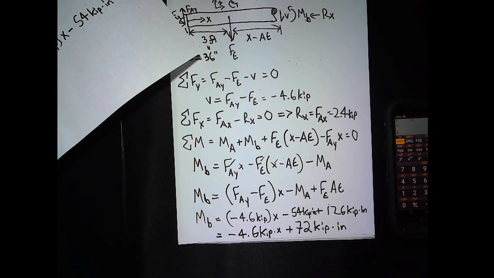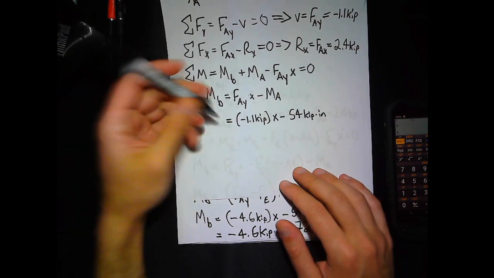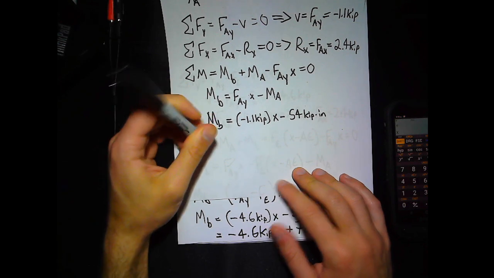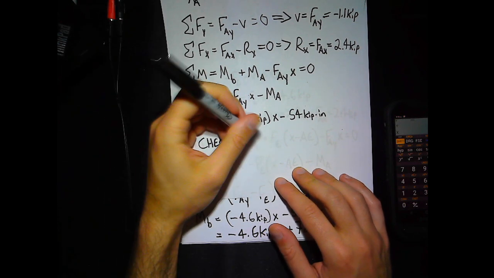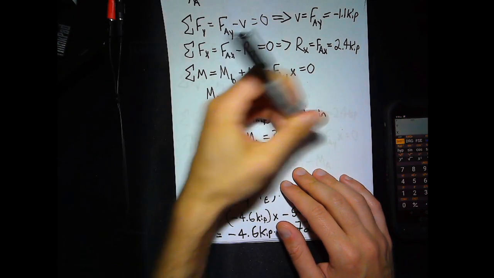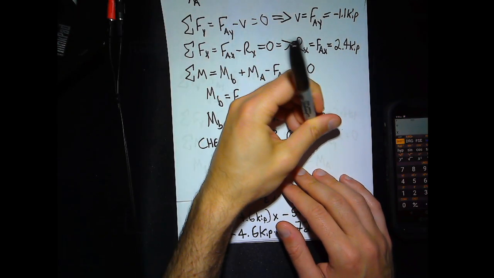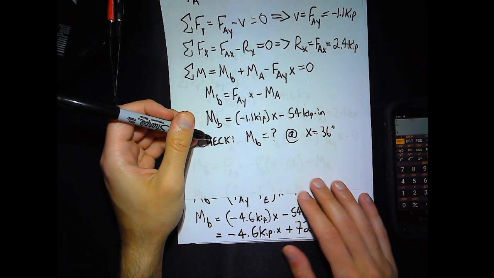And just for kicks and giggles, if I put 3 foot or 36 inches into both of these, they should be the same. So let's do a test here. Let's find out what they are at x equals 36.